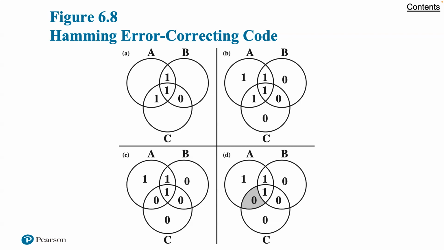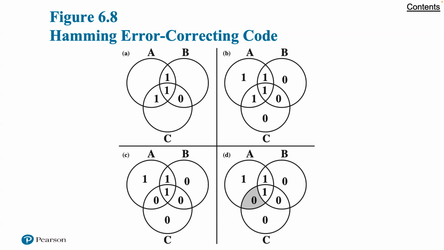So figure 6.8b. Thus, because circle A includes 3 data ones, the parity bit in that circle is set to 1. Now, if an error changes one of the data bits, and so now we're looking at figure 6.8c, it is easily found.